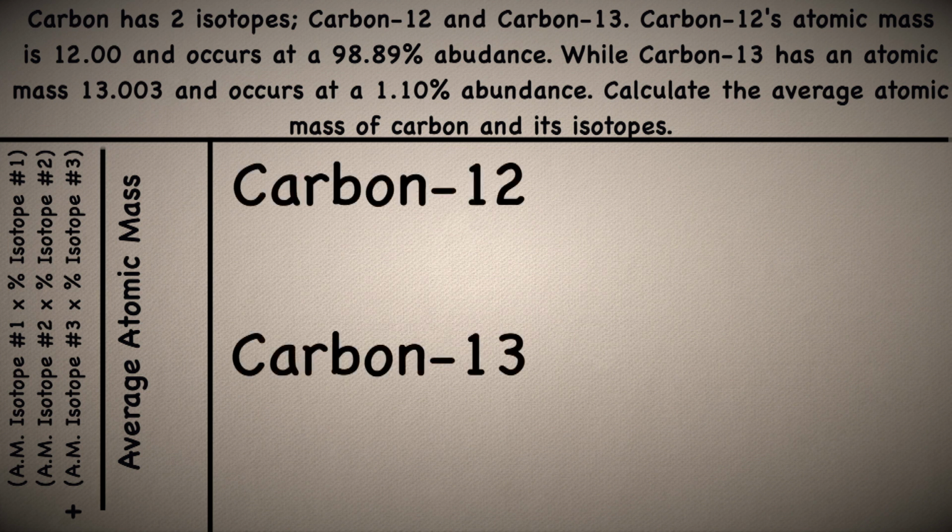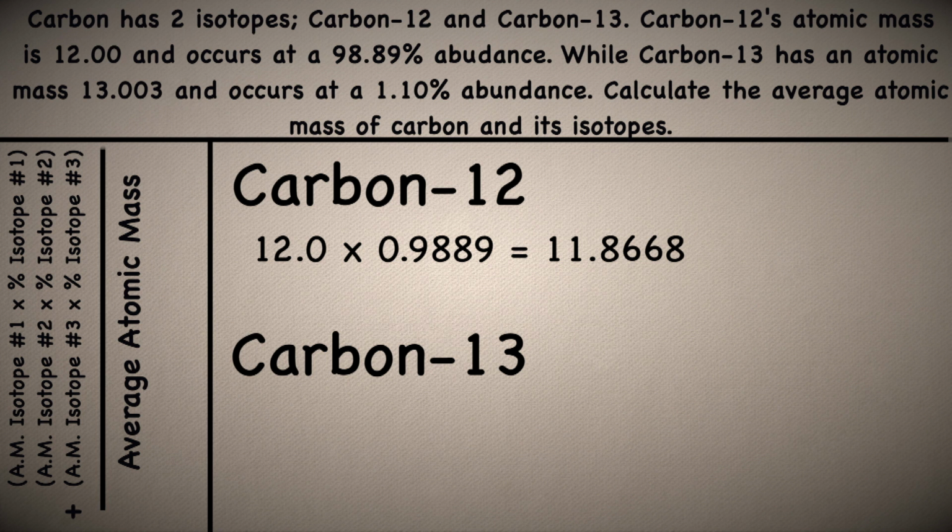So I got carbon 12. Its atomic mass is 12. I multiply it by its percent converted to a decimal, which is 0.9889. After that, I get 11.8668. Then we go to carbon 13.